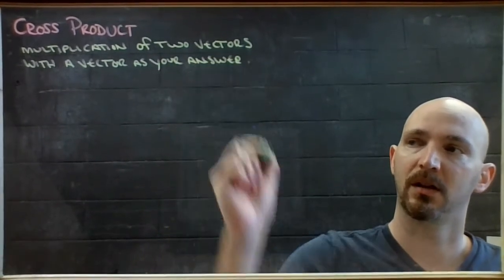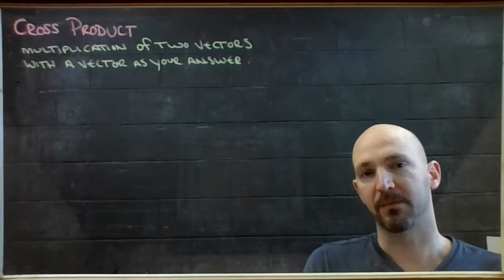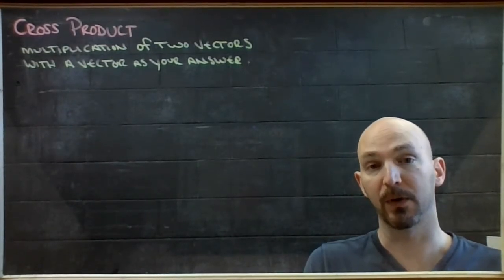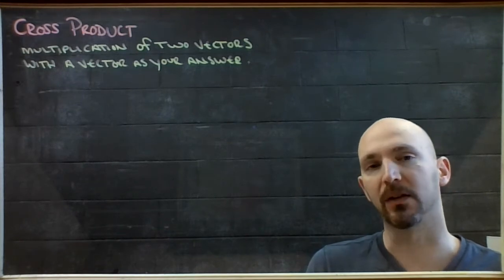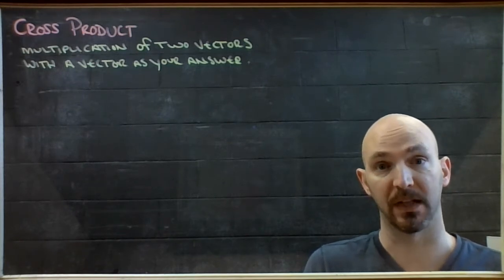So what this ends up generating is a third vector that is perpendicular to both vectors you put in.